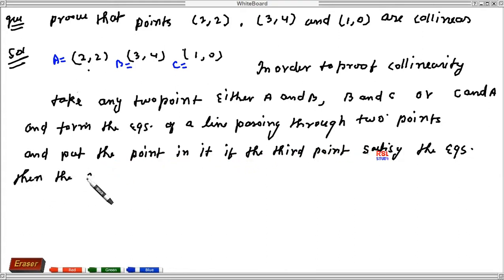If the third point satisfies the equation, then all 3 points are collinear.